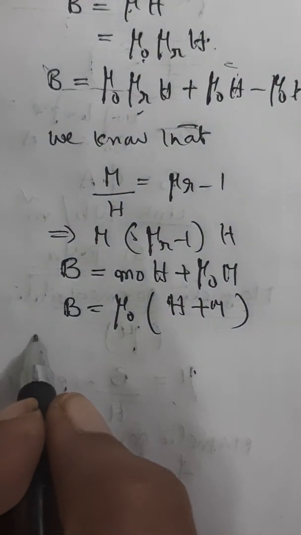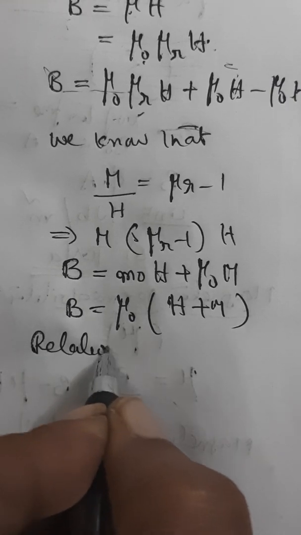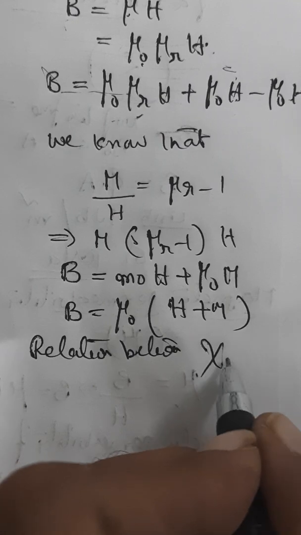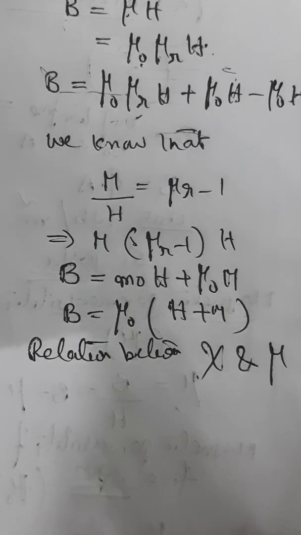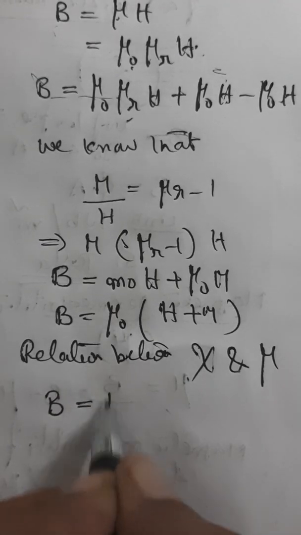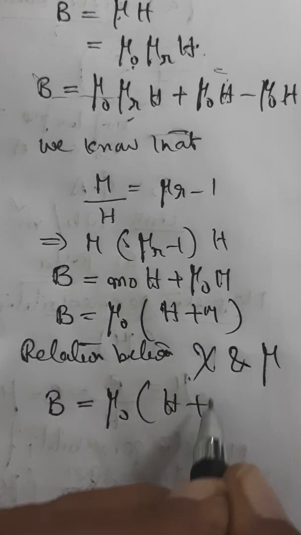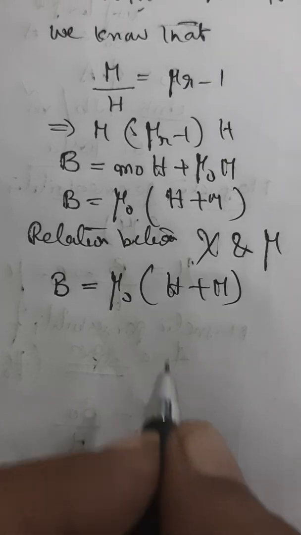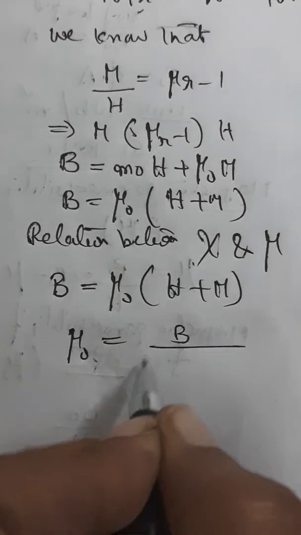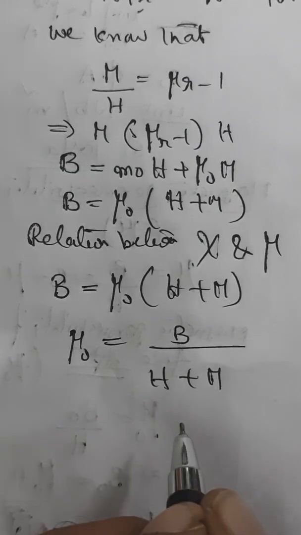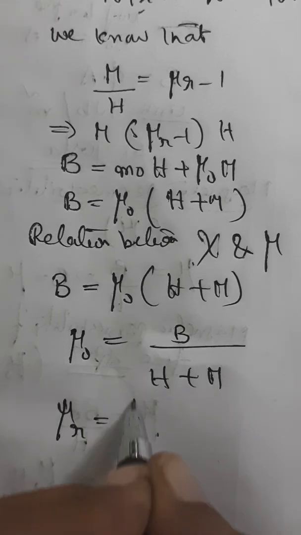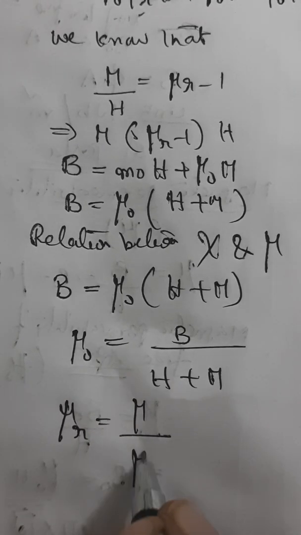Now, what is the relation between chi, susceptibility, and mu? The equation tells us B is equal to mu naught into H plus M. Therefore, mu naught is equal to B by H plus M. Mu r is equal to mu by mu naught.